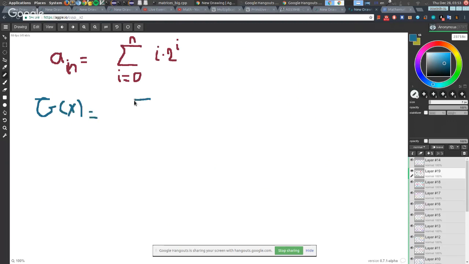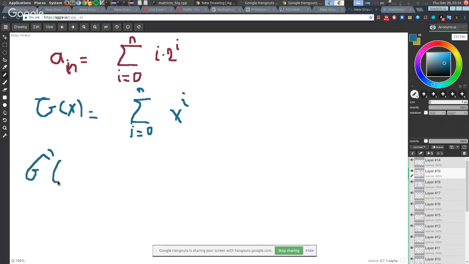So this g is equal to the summation of i times x to the power i. Here we just make it a finite number, so it's infinite. Here we can make an interesting operation, which is basically the derivative, as we know it in calculus.